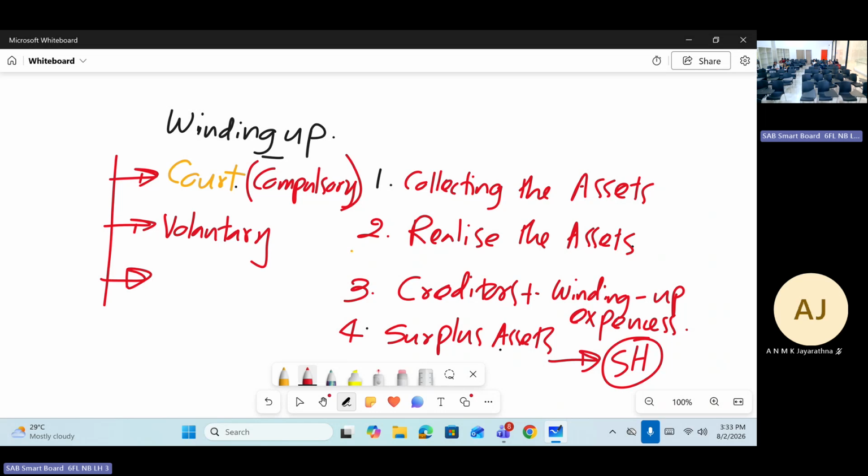At a general meeting, by passing a resolution, shareholders can make decisions. This decision is to liquidate the company. With the consent of the shareholders, they can make a decision to wind up the company. So in order to make this decision, this type of resolution has to be passed.